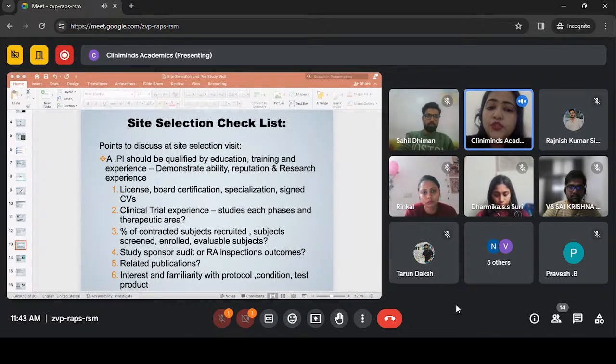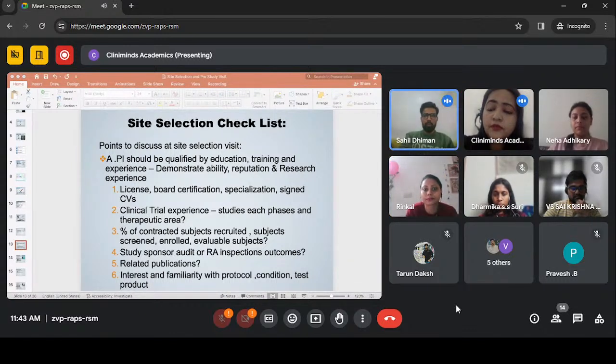Plus, they will check their qualification, their training, and their experience. So what kind of experience should the PI have? What do you think? Experience in doing clinical research, right?